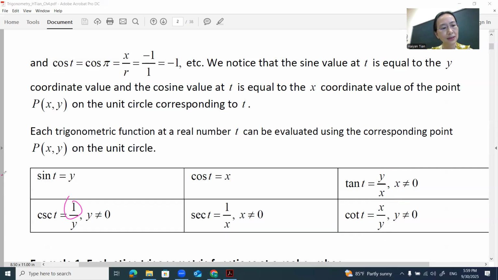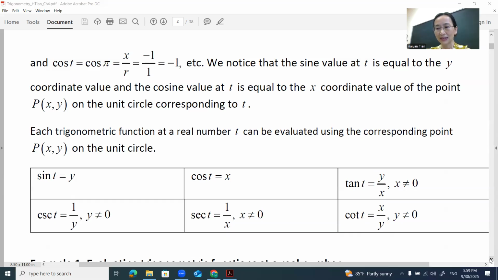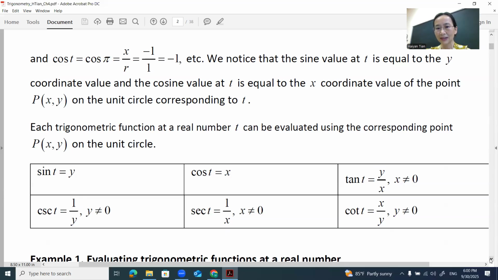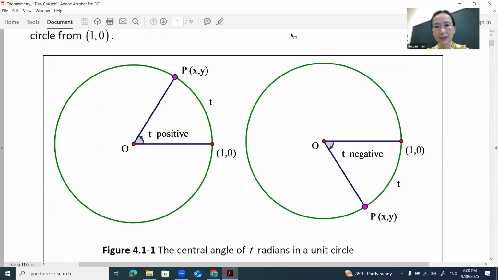So that is a simplified way to calculate trigonometric function values using the point of the terminal side of the angle that lies on the unit circle. Not only is it a point on the terminal side, it is a point on the unit circle, right?